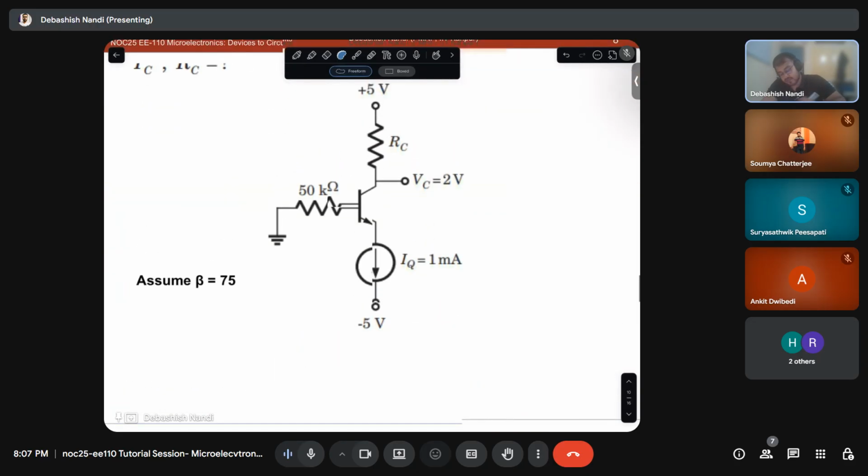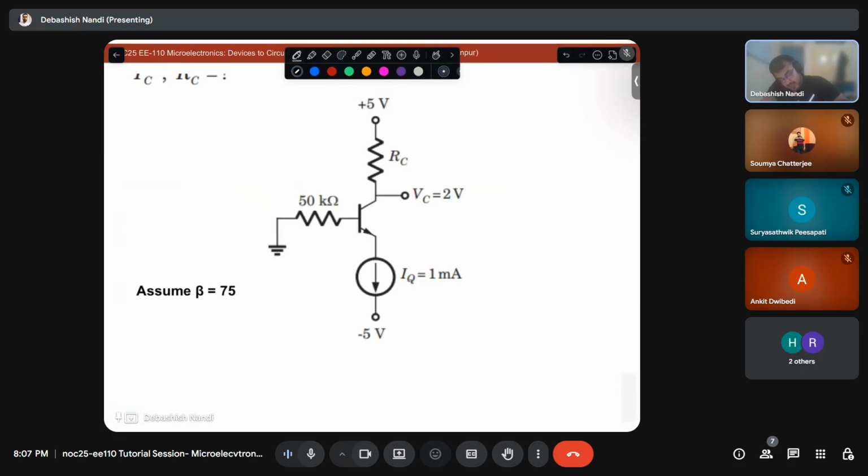Okay, so first let us mark what is this current. This is your emitter current. This is your IE. This is your IB. And this is your IC.